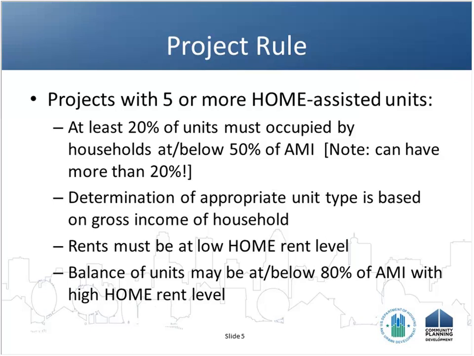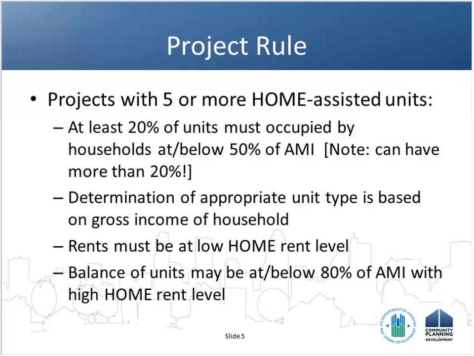But you as the PJ, in thinking about the PJ service area or the particular market that the funded project is in, you may have decided to make additional units be targeted lower. And that would be very specifically called out within your written agreement.